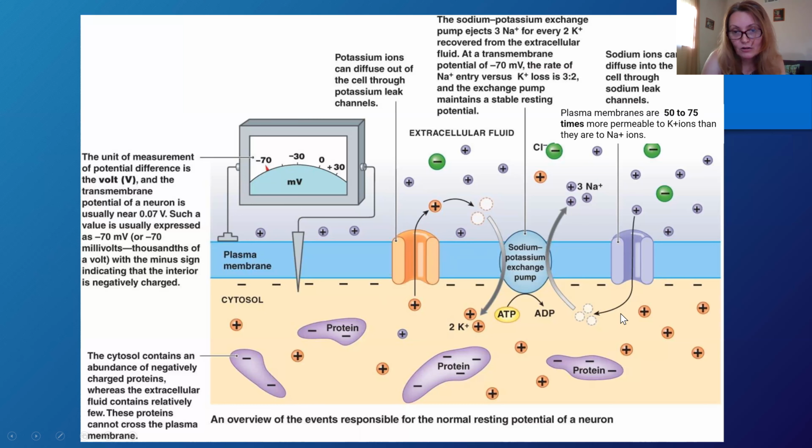And you would say, hold on a second, but sodium is moving back in. So you're losing positive charges here, but gaining positive charges there. Shouldn't it cancel itself out? It does not cancel itself out, because the plasma membrane is about 50 to 75 times more permeable to potassium than sodium.